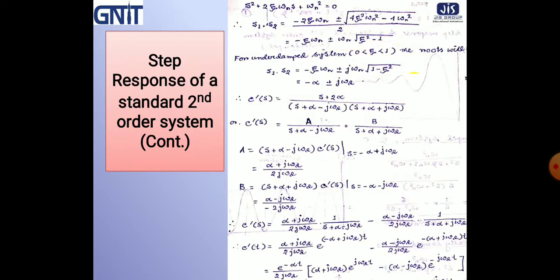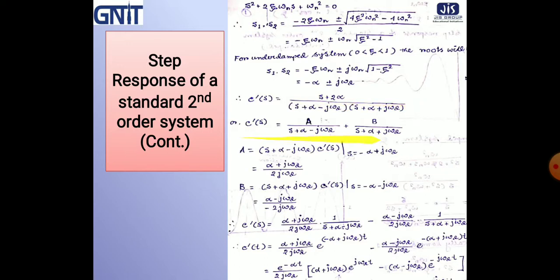So here we just take a common factor, that is root under of minus 1, from here. So root under of minus 1 is j. So here we just write j root under of 1 minus zeta square. Okay, so C(S) will be like this.